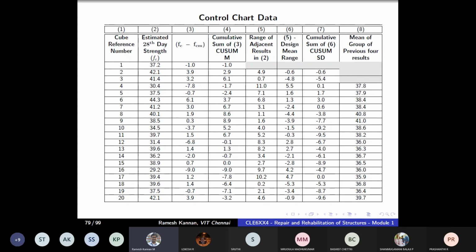So what we do is we do it visually, but before that, we'll take the mean of a group of the previous 4 results. This is probably something many people know, it's a moving average method.